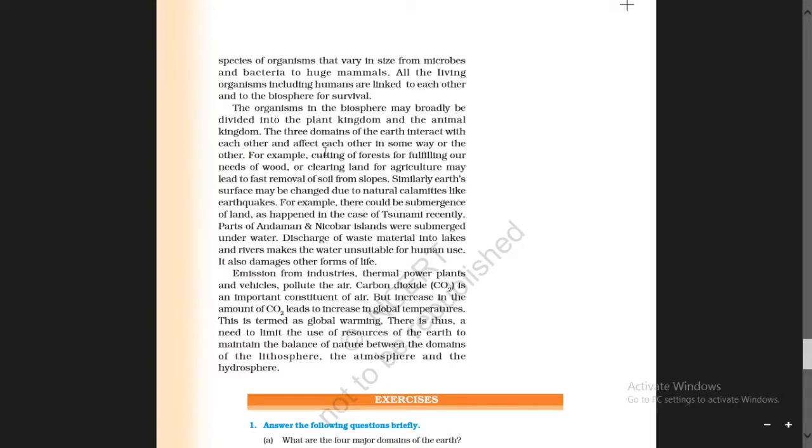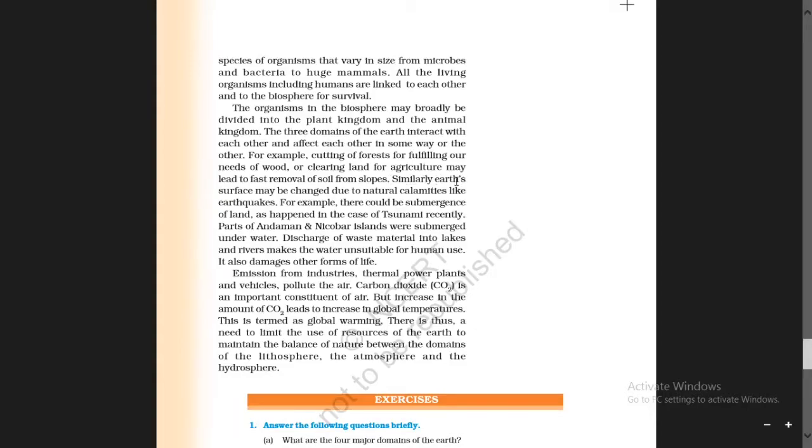For example, cutting of forests for fulfilling our need of wood or clearing land for agriculture may lead to removal of soil from slopes.